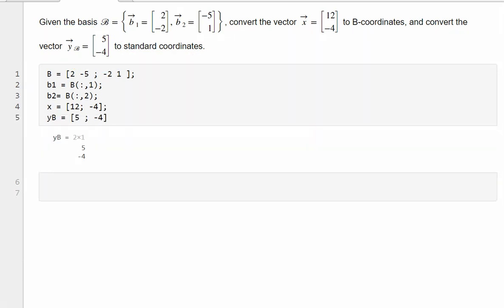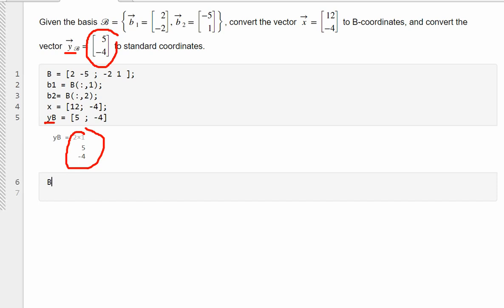All right, so now I have my y sub b vector here. You can see the 5, minus 4 is right here. And if I have a vector that's in the b coordinates, all I have to do is multiply by the matrix. Now, with these matrix multiplications for linear transformations, we're always talking about multiplying with the vector on the right and the matrix on the left. And the same thing is true here.